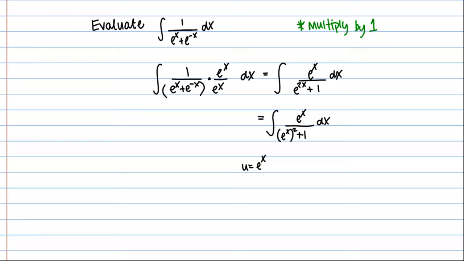Then du is going to be e to the x dx. And that's nice, because I see that right here on top. So let's see what happens if we make our substitution. My e to the x dx here becomes du. And then on the bottom, I'm going to have u squared plus 1.